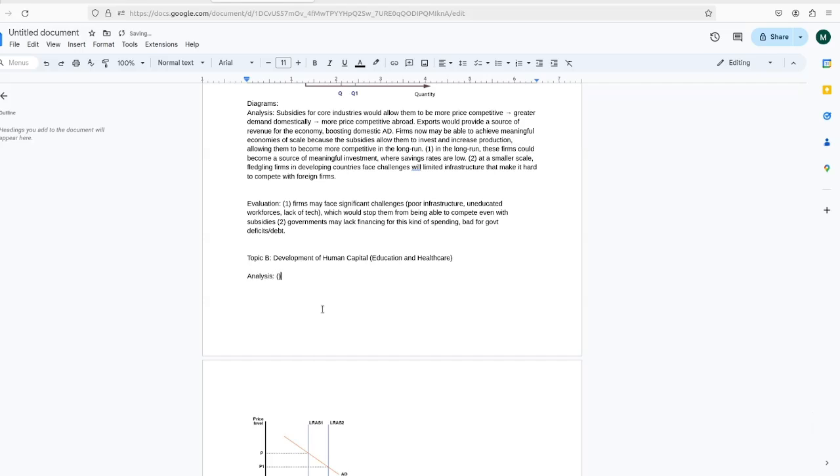And then for the development of human capital, my analysis is going to be, starting with government investment in healthcare and education. That's going to lead to lower burdens on government in the long run as healthcare improves.